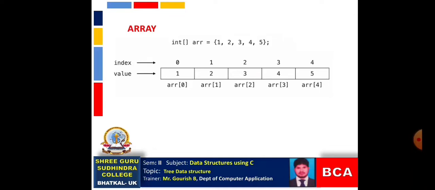The index starts from 0, then grows 1, 2, 3 like this. The values, that is the data items, are placed one after another. The first data item, the value 1, is placed at index 0, 2 is placed at index 1, one after another. So this is called a linear data structure.